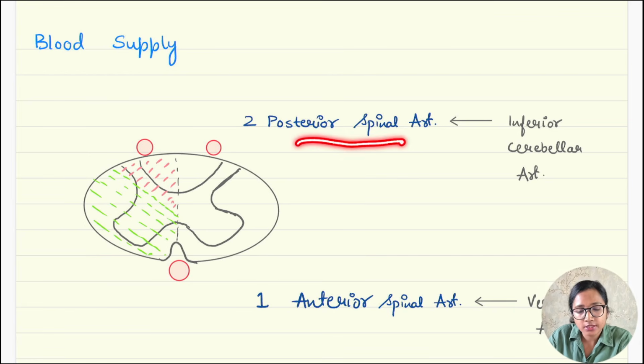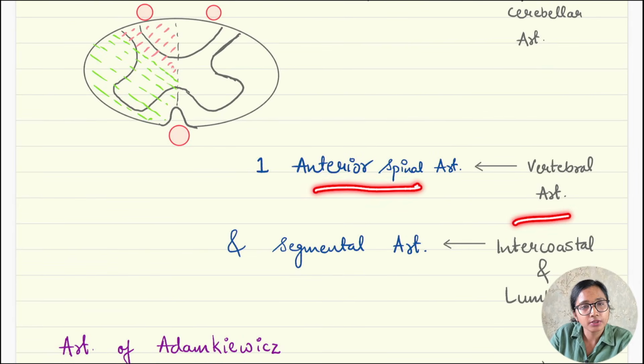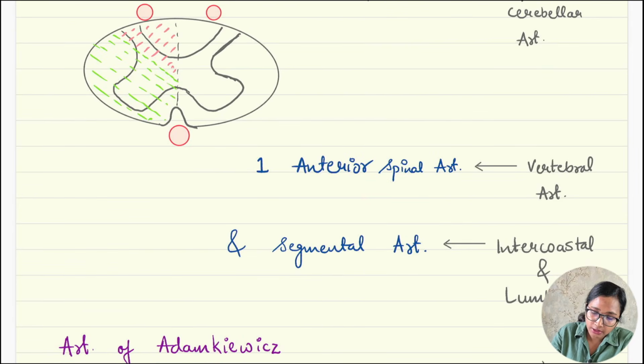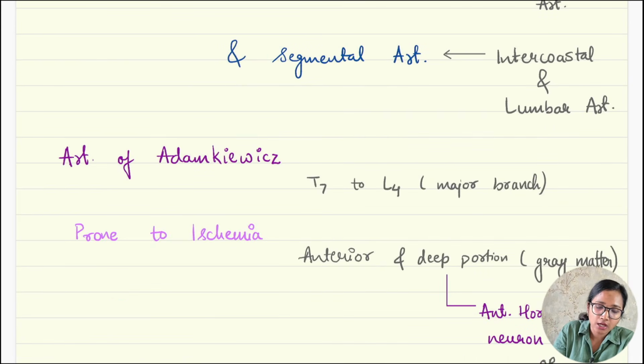Posterior spinal arteries are branches of the inferior cerebellar artery. The anterior spinal artery is a branch of the vertebral artery, and there are segmental arteries as well, which are branches of the intercostal and lumbar arteries. There is one major branch known as the artery of Adamkiewicz. It supplies the lower thoracic and upper lumbar region.